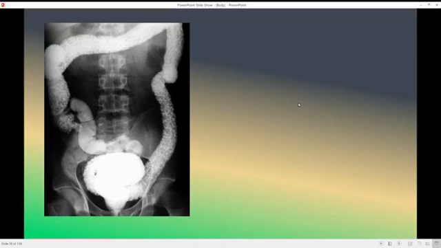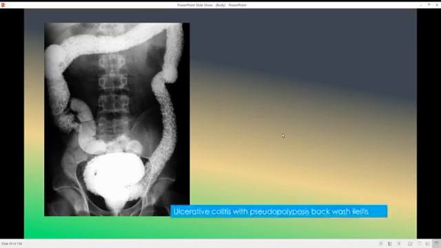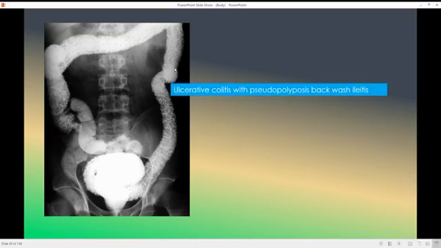Okay, we have some answers, and this is a case of ulcerative colitis involving the whole of the colon with pseudopolyps manifested by filling defects, and backwash ileitis.